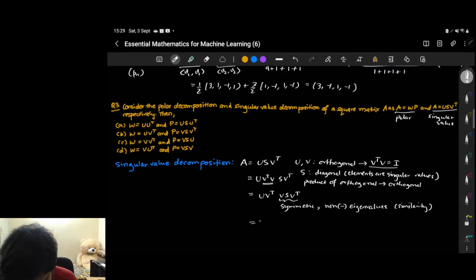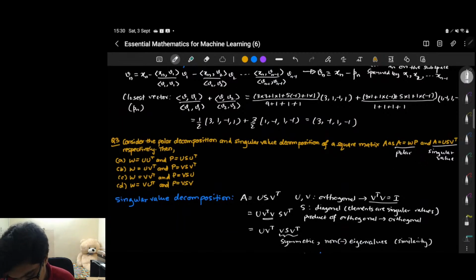And this will then be written as some W times P, and this is what is known as the polar decomposition. So from here it is pretty much obvious that my W is U V transpose and my P is V S V transpose. So the correct option is option B.